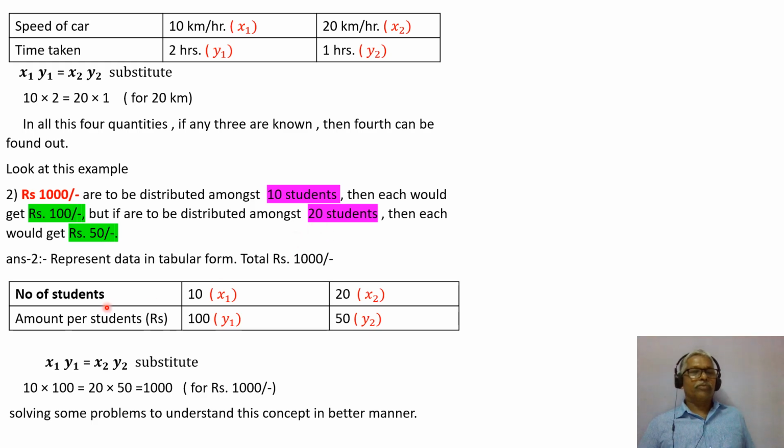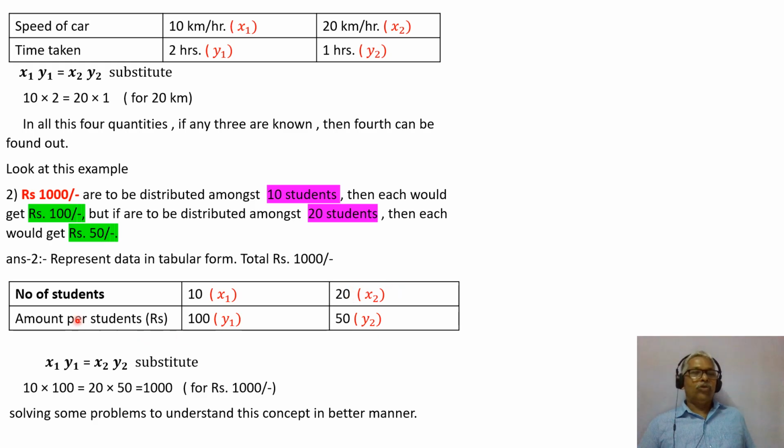Two other variables are there which are inversely proportional to each other. So if you take the number of students by x, x1 for the first one and amount y1, so x1 y1 for the first one, and x2 y2 for the second one. Here x1 will be students and x2 also will be students. This is very important.